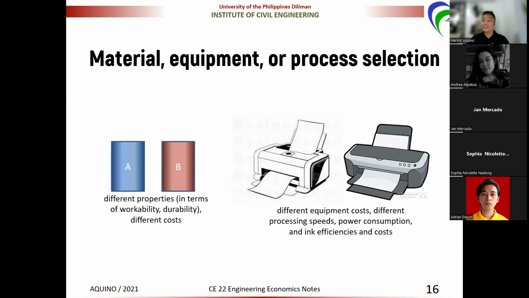Sipin nyo lang din, yung mga printers natin, we do have a lot of options. And they vary in terms of the cost of the equipment, the processing speed, the quality of their printout, the power consumption, the efficiencies, and their corresponding costs. So it's a matter of balancing, diba? Sabihin sa'yo, recently medyo maraming nagtitext, I'm not sure if it's a scam, na nagbebenta ng mga solar panels.